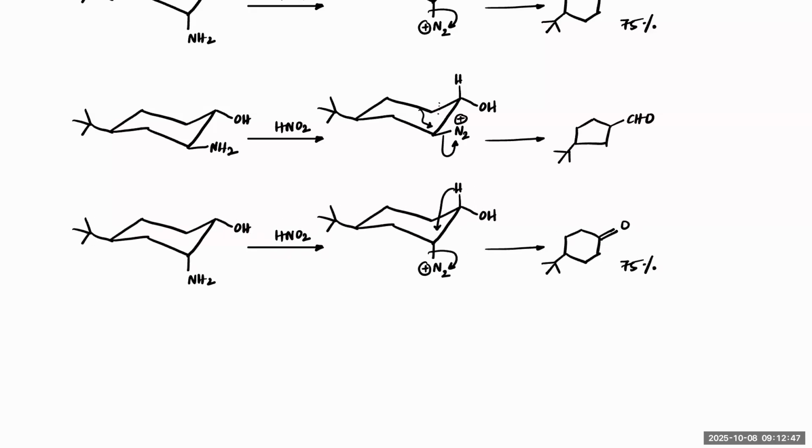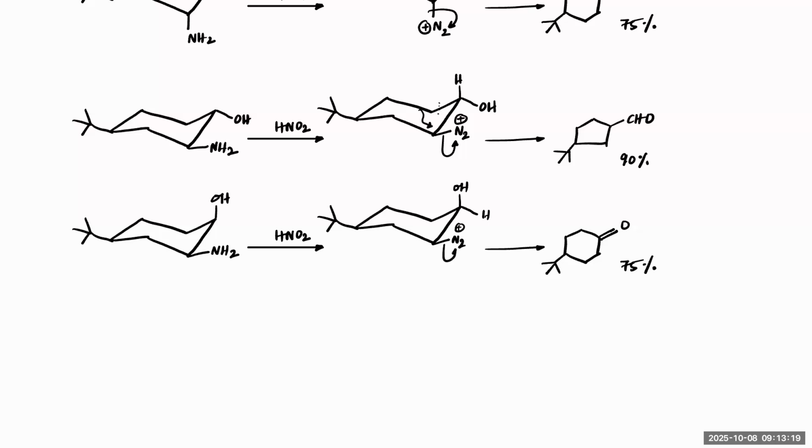Similarly, let me take one more case. What if the OH is on the opposite side, like this, and NH2 is here like this? In such a case, you will see it is around 90 percent, and the outcome would be very similar. So we'll have OH here, H here, and N2 plus here.